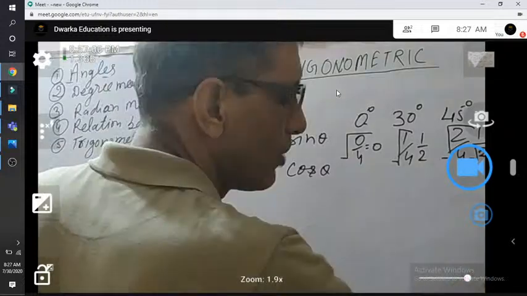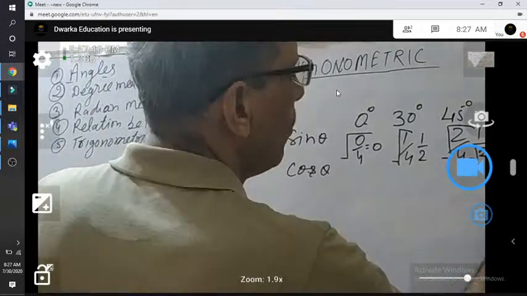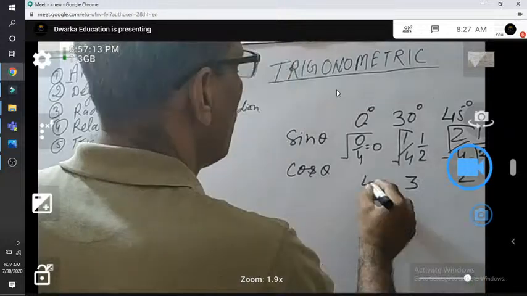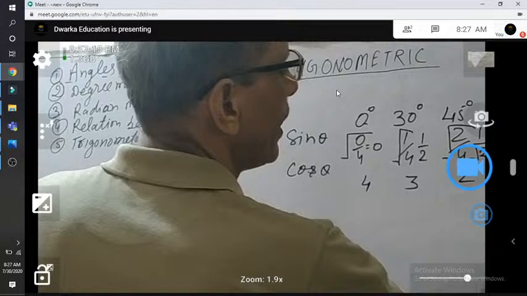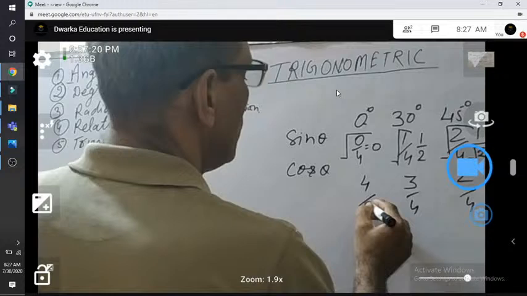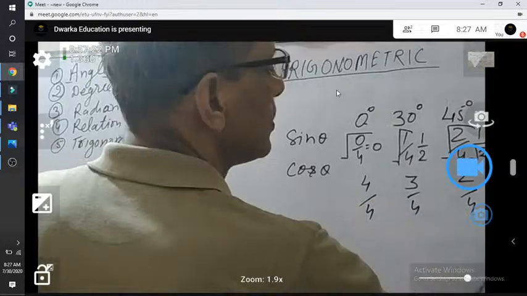For cos theta, we reverse the counting: start from there, 0, 1, 2, 3, 4, and so on, we divide this and take the square root.